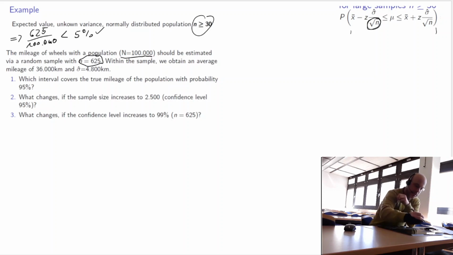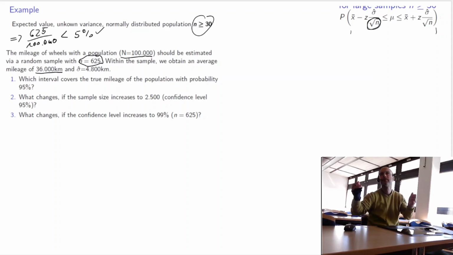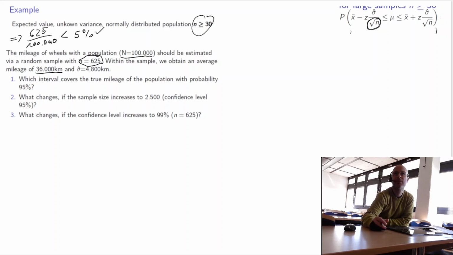We should have now these 625 wheels, and this we are testing. On average, the mileage of these wheels is 36,000 kilometers. But of course, one wheel has a mileage of, let's say, 37,000, another one of 35,000, another one of 34,500, and another one of 40,000.